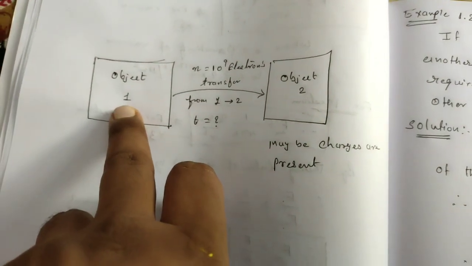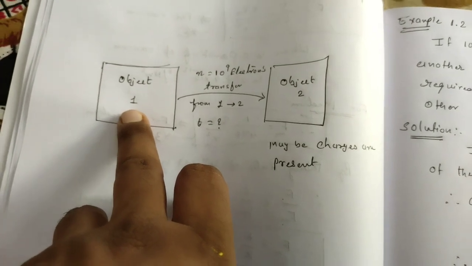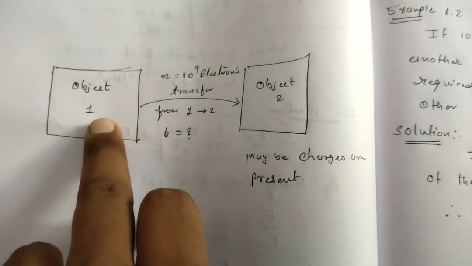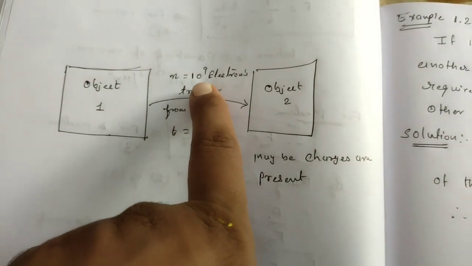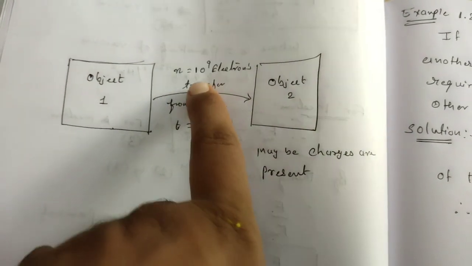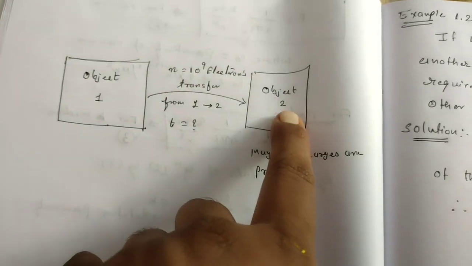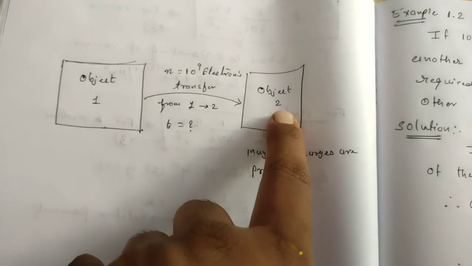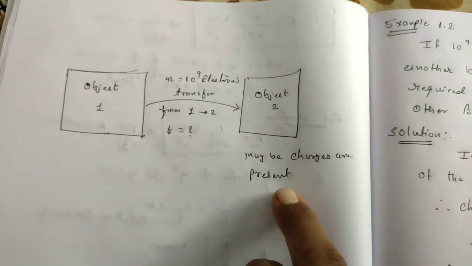This object possesses some charges, we don't know how many, but as per the question, 10 raised to 9 electrons are transferred from the first object to the second object. Instead of object, you can say body, because it is written that way in the question.